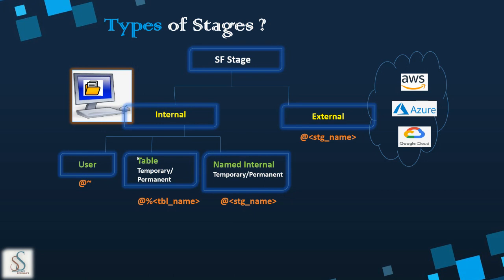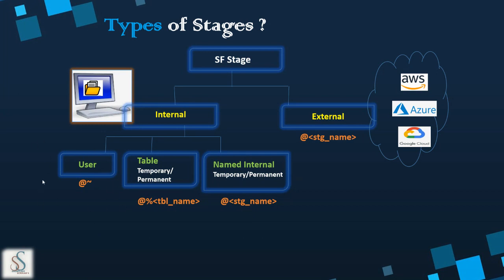Table stage can be of two types, temporary and permanent, and named internal also temporary or permanent. That means you can have temporary so that you can delete it whenever not needed. Permanent, you can delete explicitly. We will discuss this. For now, remember that there are three stages: user, table, and named internal.